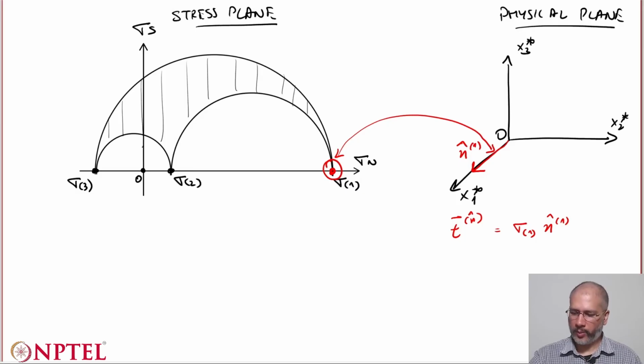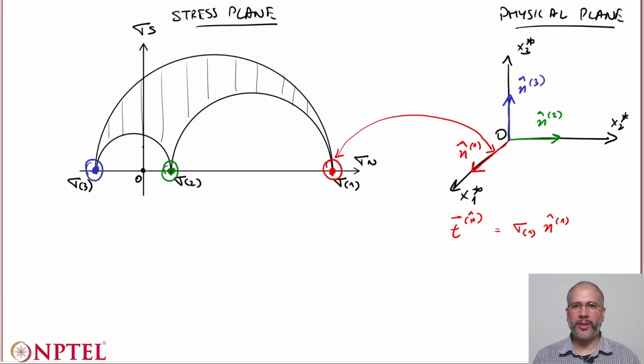Similarly, if I was to have an n2 hat like this, it will correspond to the point here on the stress plane, which corresponds to sigma 2, and that's a purely normal stress situation. And if I was to have a normal along the third eigen direction, which is n3 hat, that will give me this point here on the stress plane.